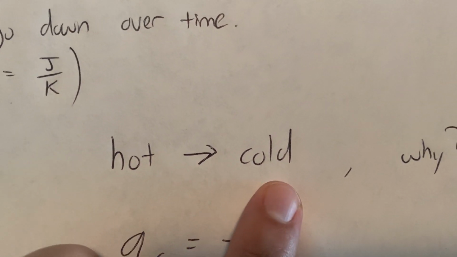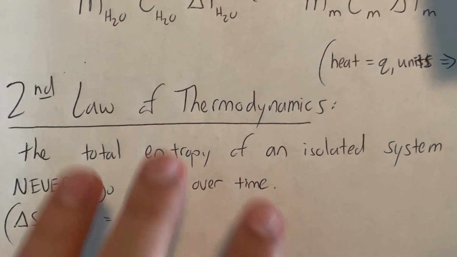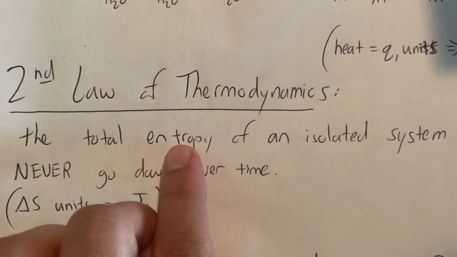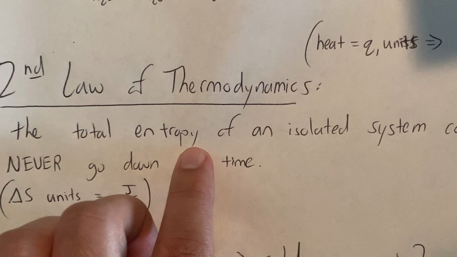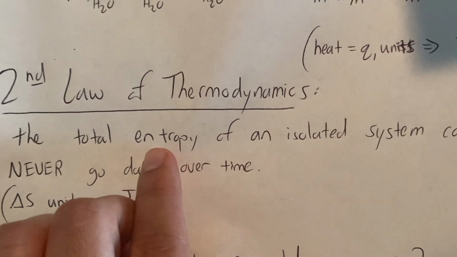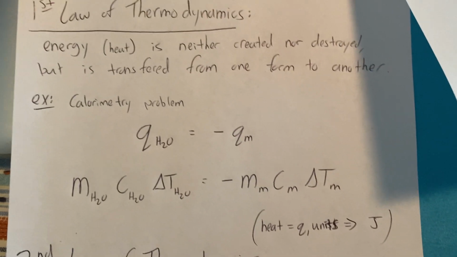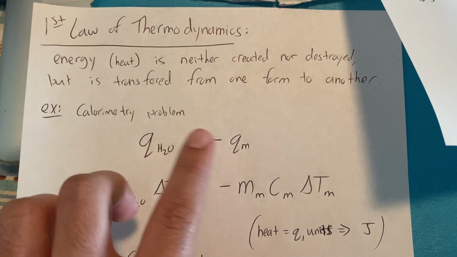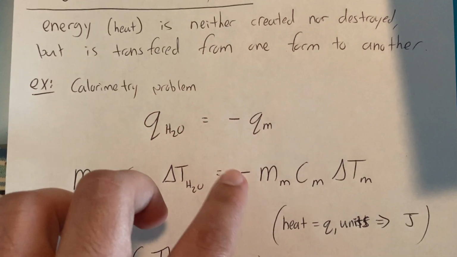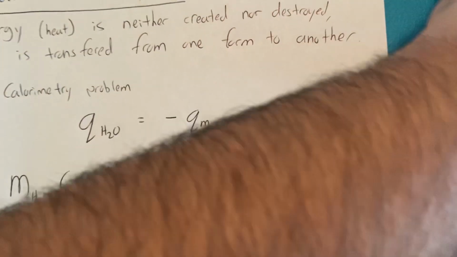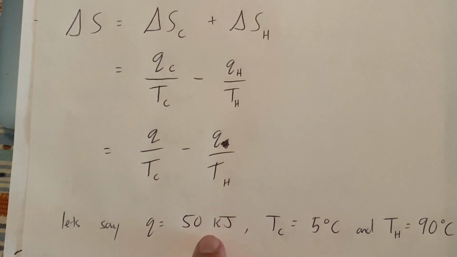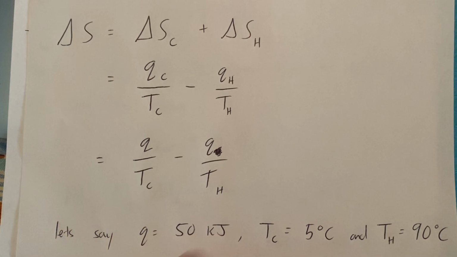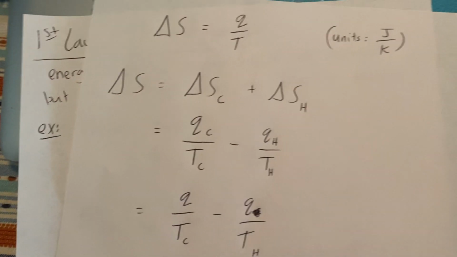We know this in our everyday life, but the second law explains why, and it has to do with entropy, the measurement of disorder and randomness in a system, which cannot go down. It can only increase or stay the same. And then of course we use the first law on this as well, because the heat's never created or destroyed, it just stays the same. That's why earlier we made these both Q, and it was the same 50,000 joules. But anyways, that's the last notes for the unit.